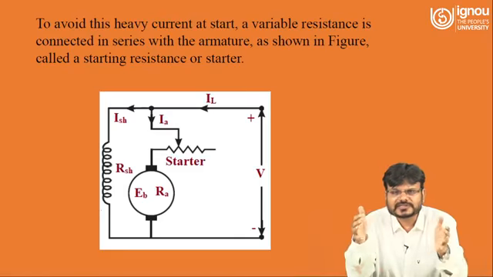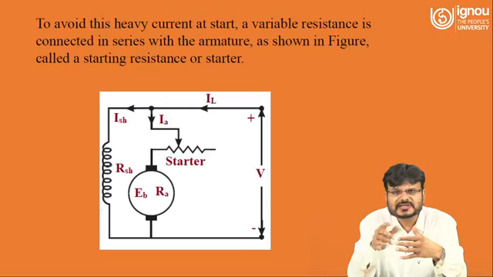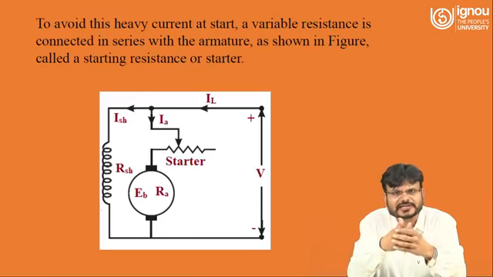That means in the denominator you have increased the resistance. So if you are able to insert some resistance in series with the armature, IA is inversely proportional to the resistance of the starter. That means this current will be less, or you can control the current.